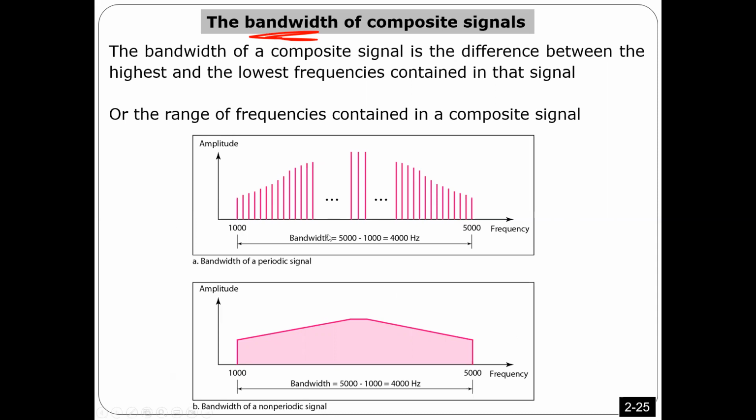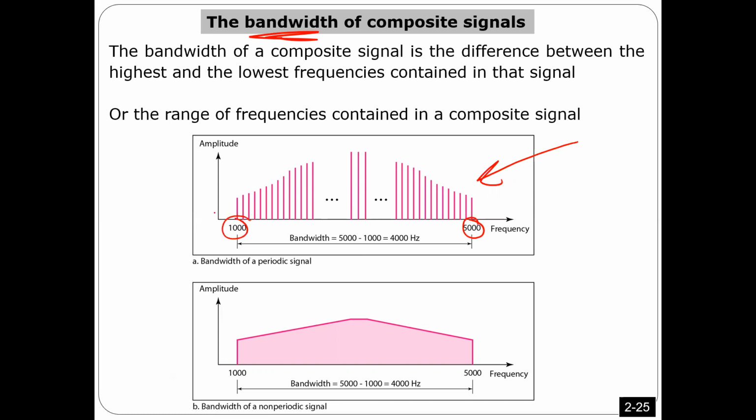If you have a signal with this frequency domain, for sure, because it is discrete, this signal is periodic. Is that okay? You can see here we start from 1000 and then we have frequencies until 5000.